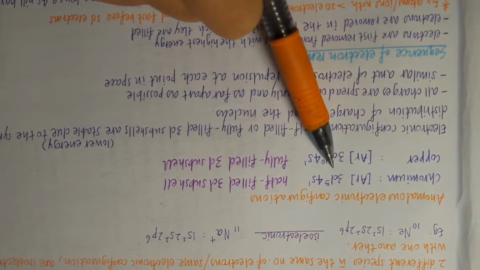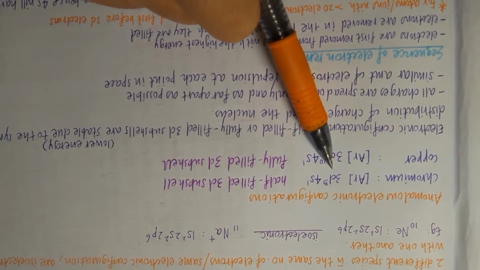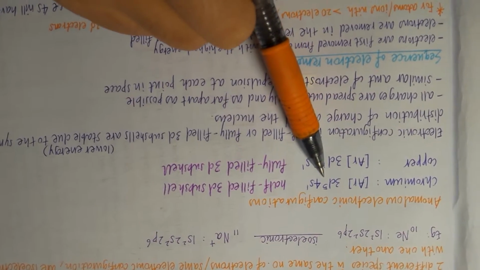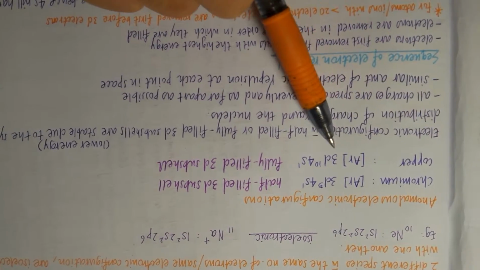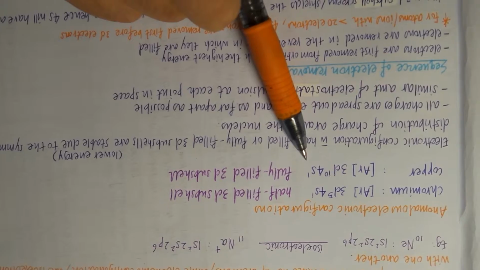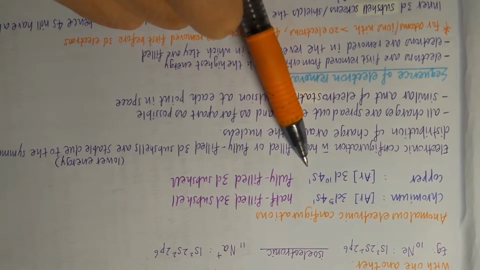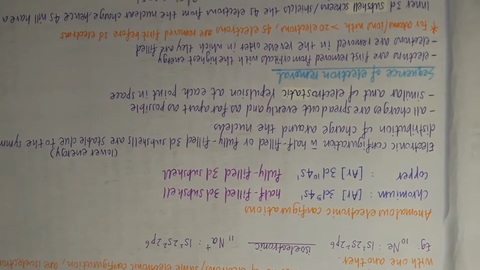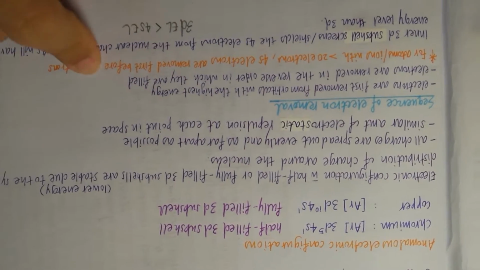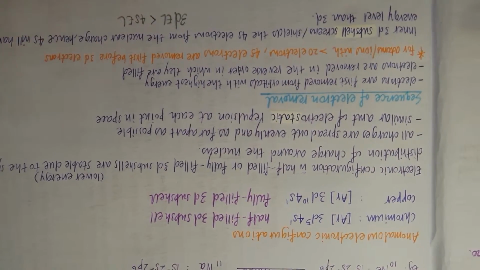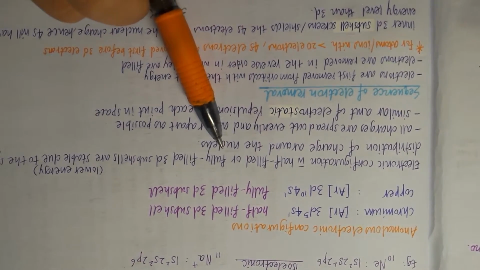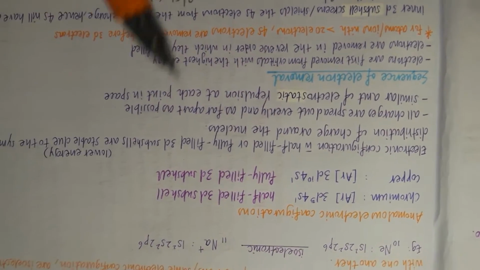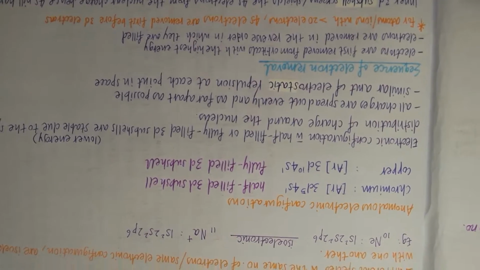Is the chromium, which is 3d5 4s1 instead of 3d4 4s2, and the copper, which is 3d10 4s1 instead of 3d9 4s2. The reason why is because electrons prefer to be half filled instead of partially filled, and fully filled instead of half filled.